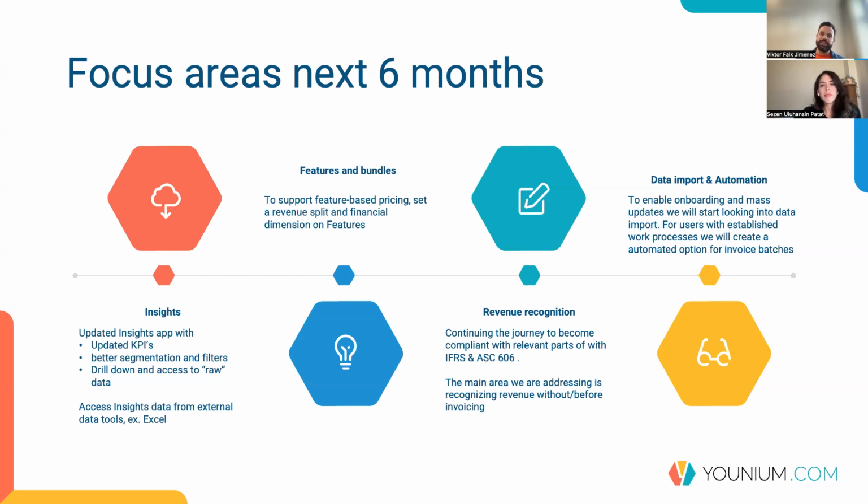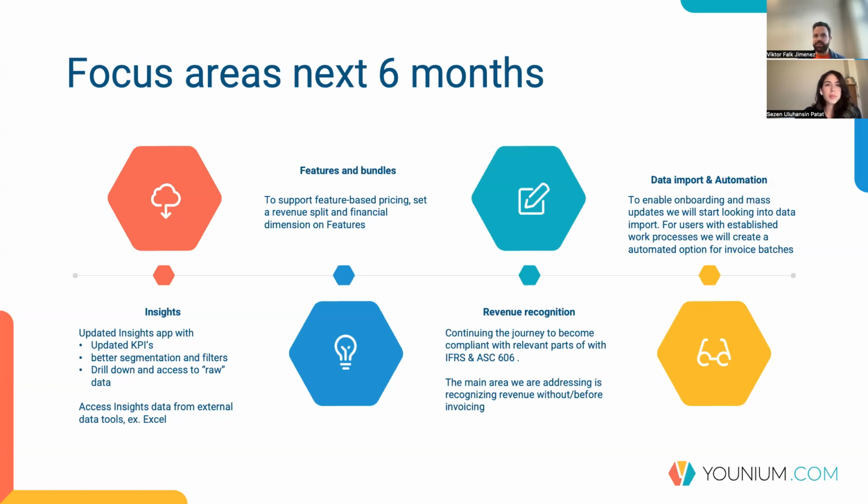Features and bundles. This is about improvement of our order object. We know that a lot of our customers are moving towards a feature-based pricing model. For example, you have 10 features in your product library. You have a small product, a medium product, and a large product that consist of 2, 5, and 10 products respectively.